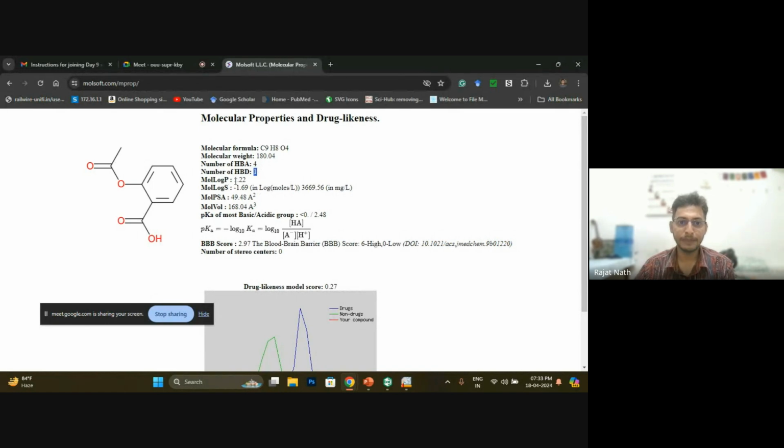And the log P value should be less than 5. So there are 4 rules, known as the rule of 5: molecular weight less than 500, hydrogen bond acceptors less than 10, hydrogen bond donors less than 5, and log P less than 5.